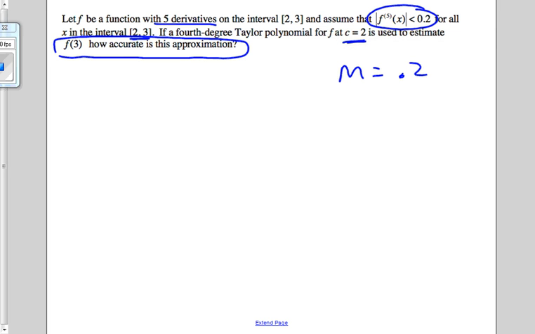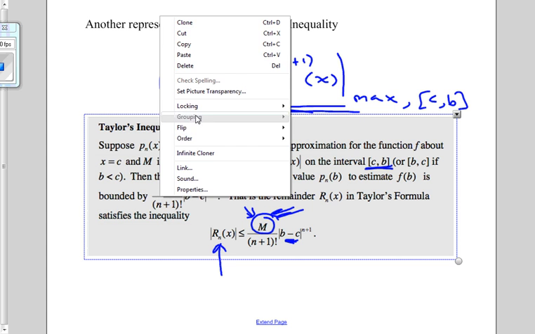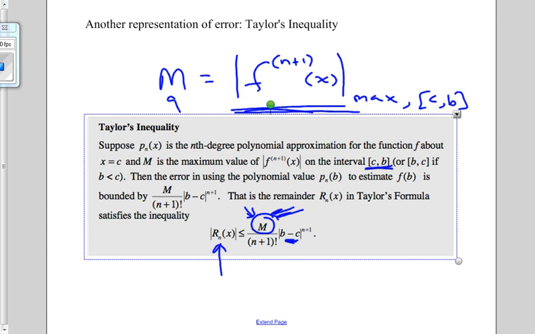Well, in order to answer this question, because we're just getting familiar with the equation, let's go back. I'm going to copy this and bring it over.